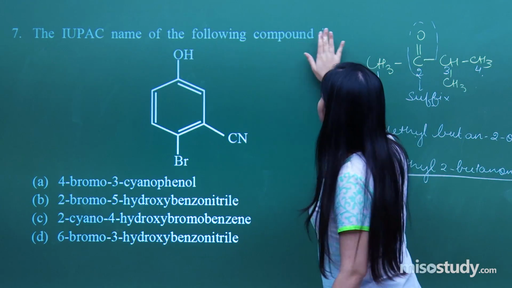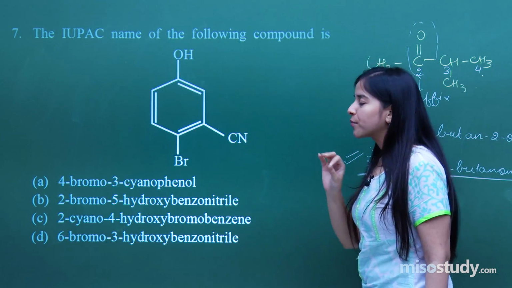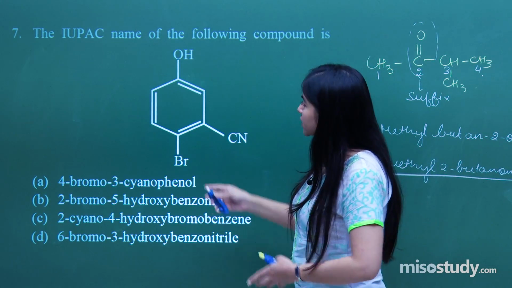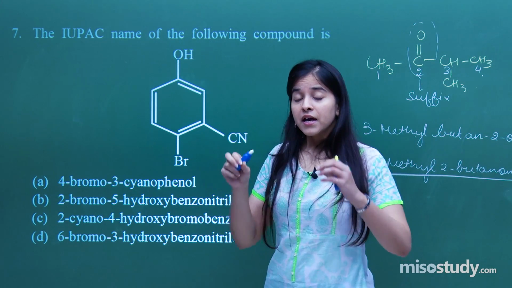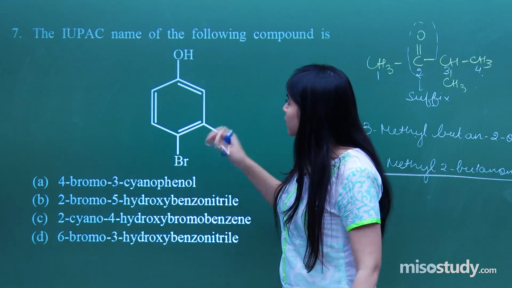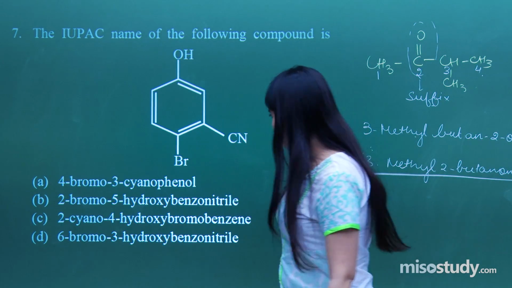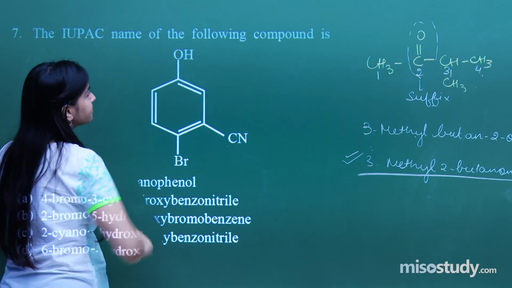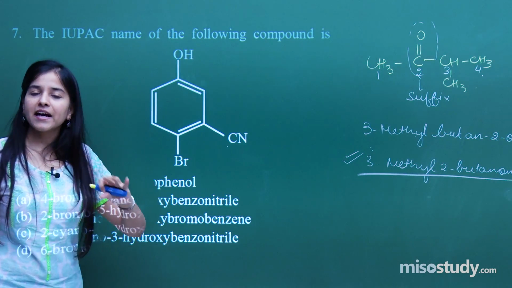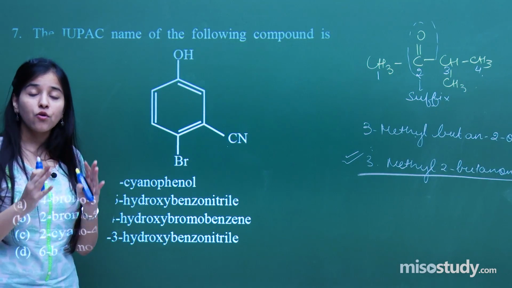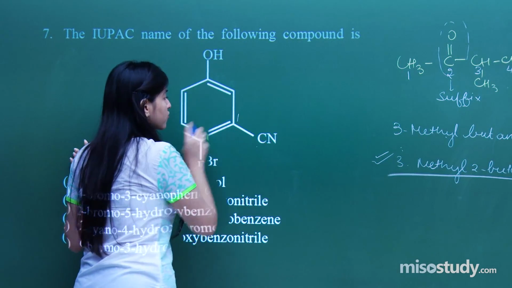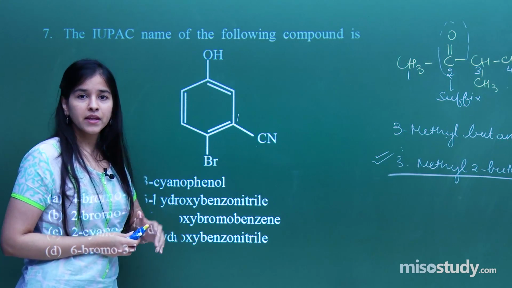Again, the IUPAC name of the following compound. I need to have a proper IUPAC name. Now that's a very typical question. I've got an aromatic ring. I will be assigning number 1 to what? If you see over here, I've got a cyano group, I've got an OH. So the nitrile group is always on the higher priority.